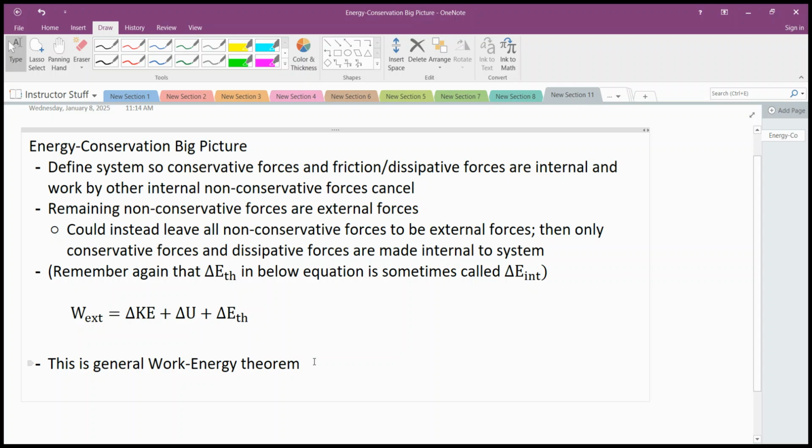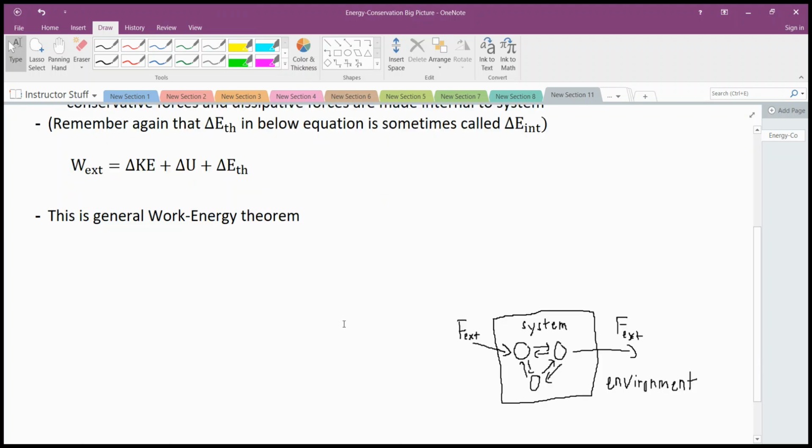So it's no longer the work kinetic energy theorem, but a generalized work energy theorem where we have work done by external forces equals the change in energies of the system, where the work done by external forces changes the energy of the system in various ways. The picture we have is as follows then.